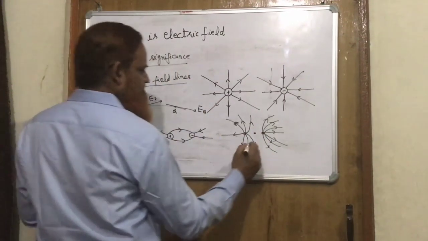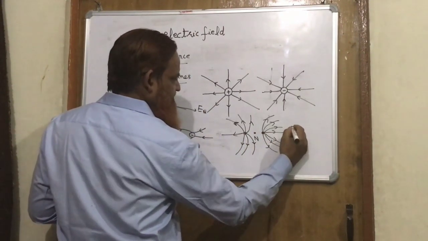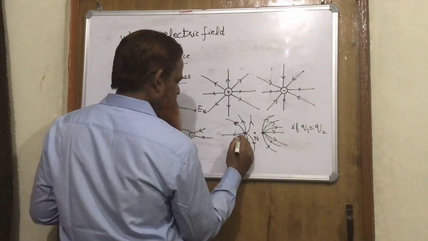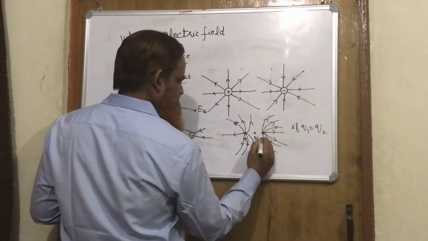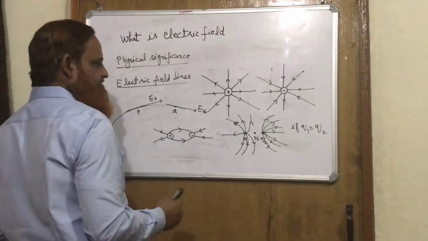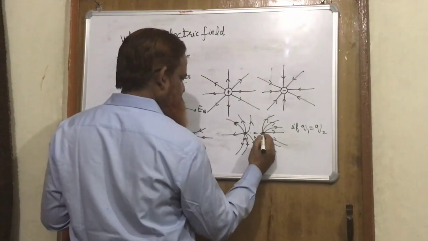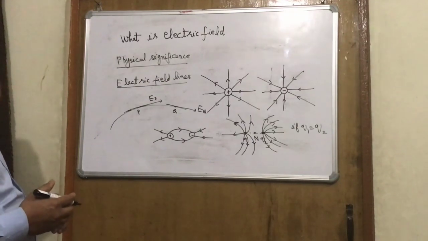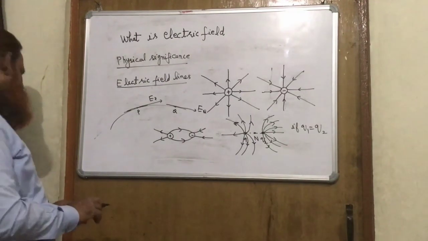We will get a neutral point if Q1 is equal to Q2. The neutral point will be midway on the line joining these two charges. Neutral point means where the electric field intensity is 0.